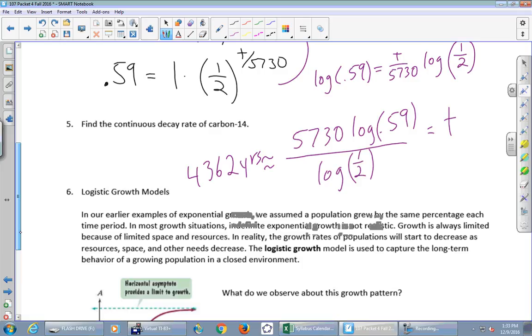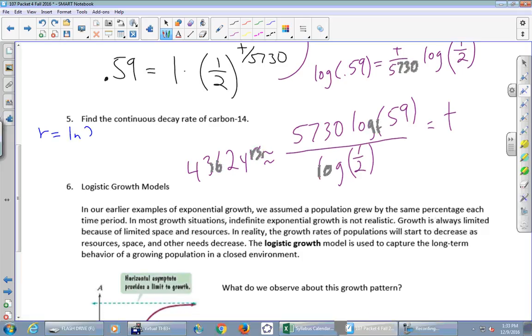So R is equal to ln of 2 divided by h. What is h in this example? 5730. Somebody with a calculator type that in for us. What does it say at the end?